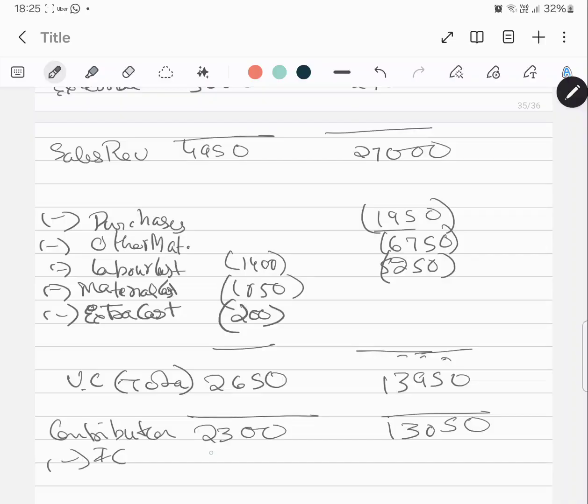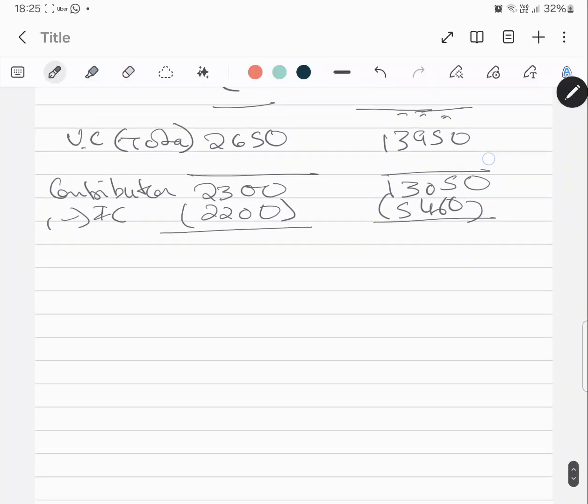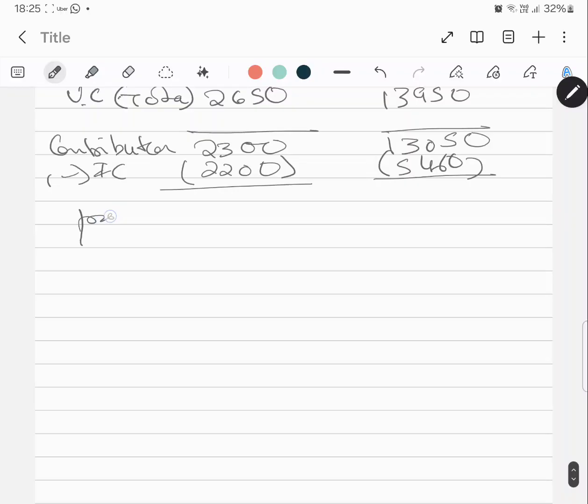Fixed cost was 2200 minus 5460, and this is the profit. 2300, 2200, that is 100, and 13,050 minus 5460, this is 7590. This is my profit.